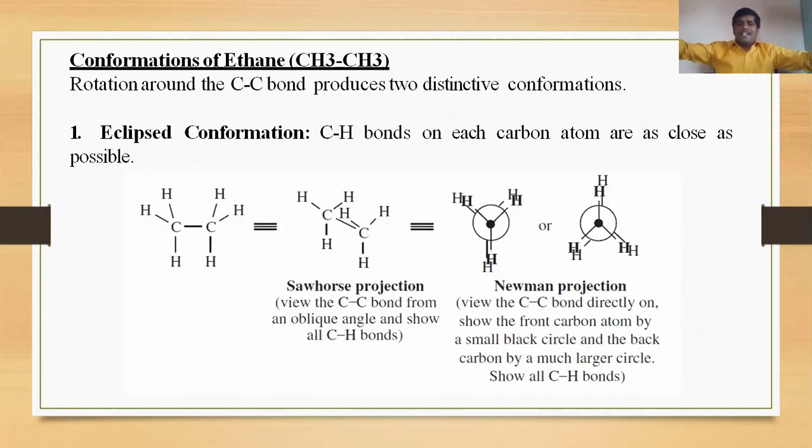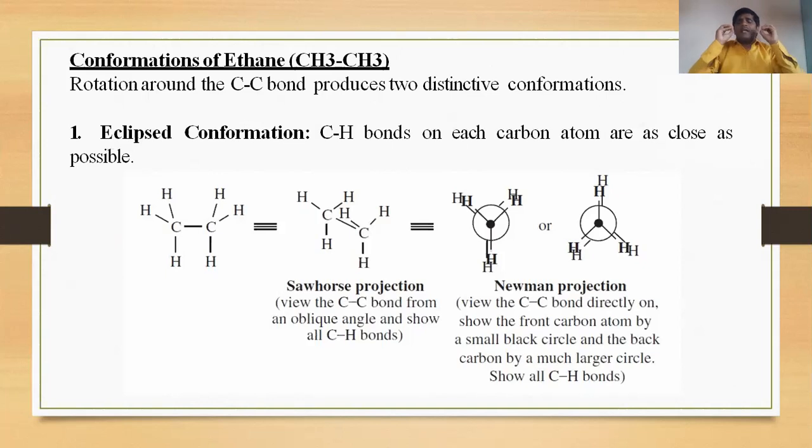There are two techniques to represent them: the Newman projection and the Sawhorse projection. Sawhorse is also the name of a scientist. They suggested a specific structure for the representation of alkanes and cycloalkanes.